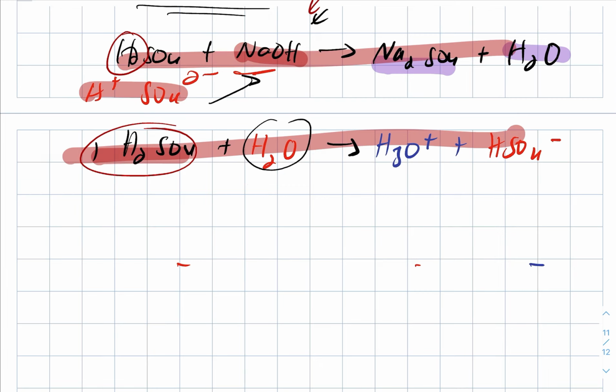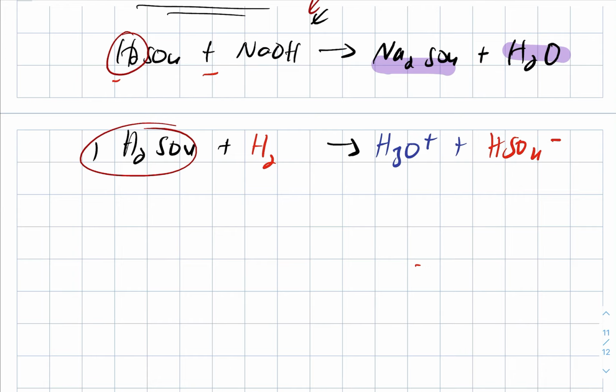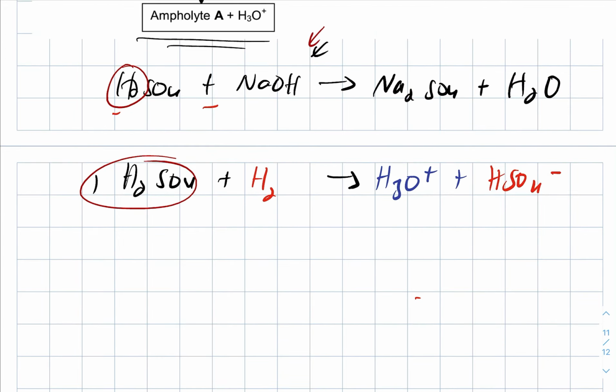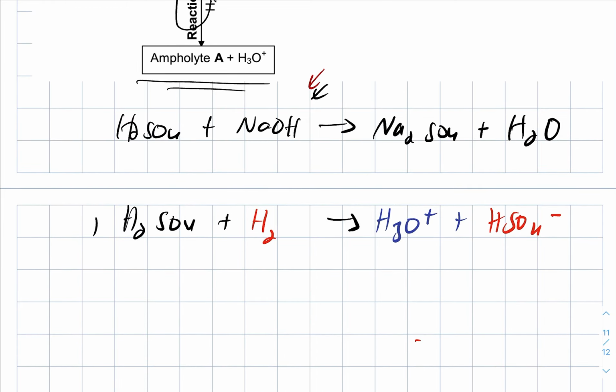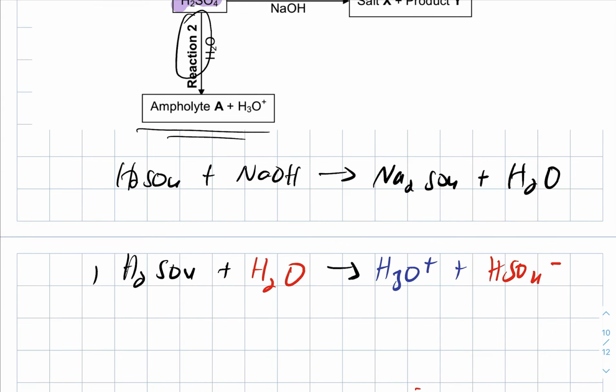Alright, so we have the two reactions that they requested from us, and there they are. I'm just going to clear the space. Now we have reaction 1 and reaction 2. So in reaction 2, we have the H3O plus, that will go in the amphoteric.